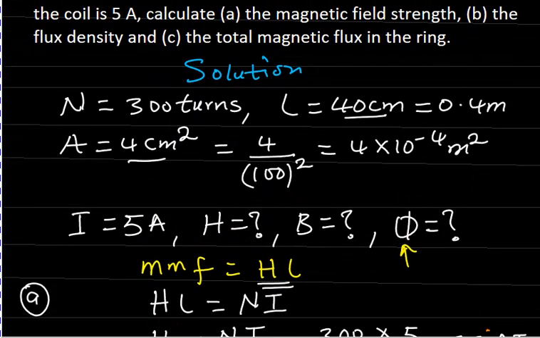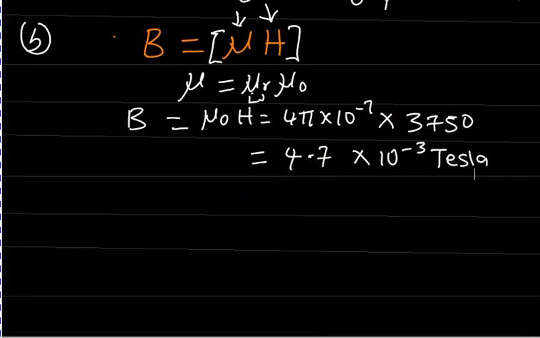Then finally, last but not the least, the flux, C. To calculate the flux, we use the formula: magnetic flux density is equal to flux all over area.